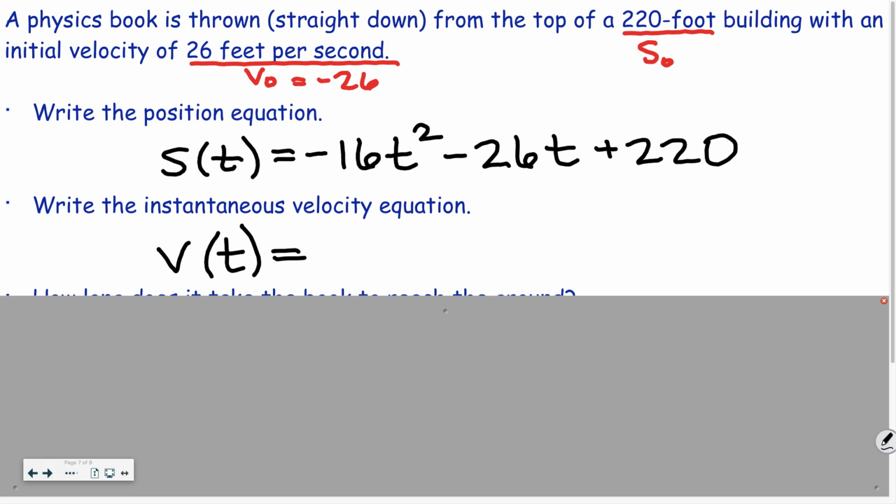Colby, since you asked about it, I'll give you the honors of finding the derivative. Negative 32t minus 26. John, is he correct? Awesome.